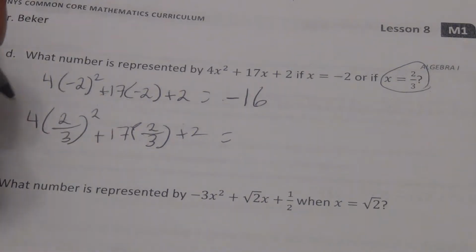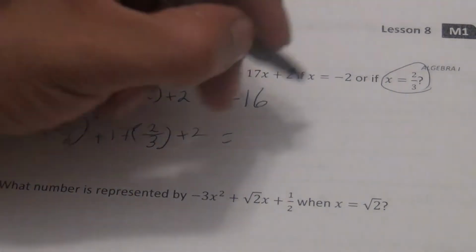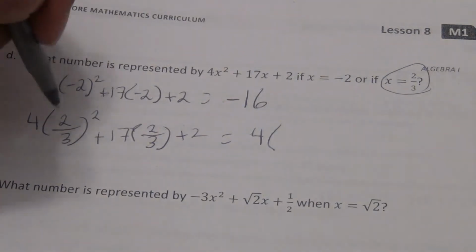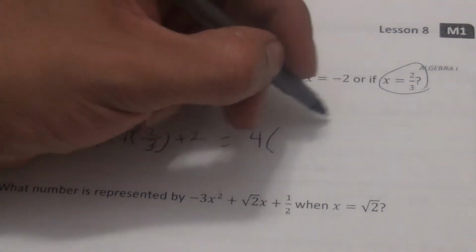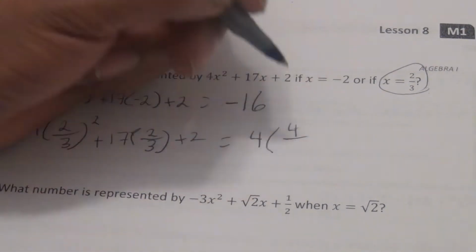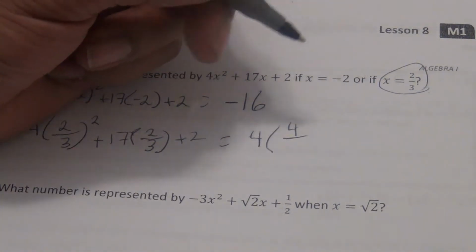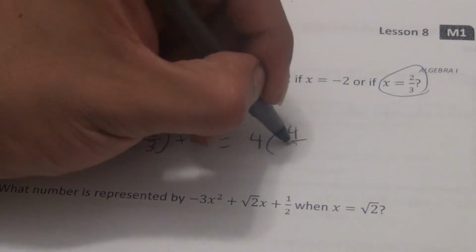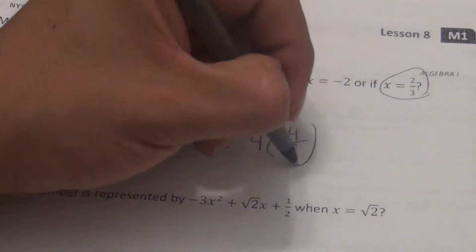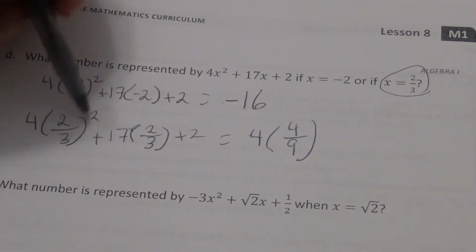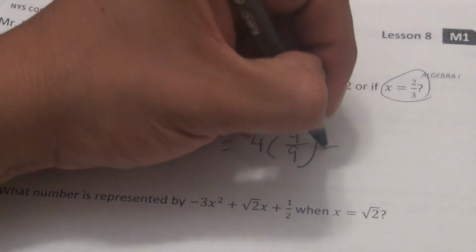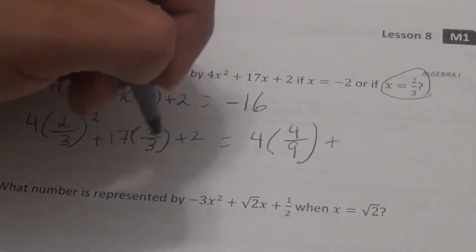What is 2/3 to the second power? When you raise a fraction to an exponent, you're raising the whole thing. So that's 4 over 9, because 2 squared is 4 and 3 squared is 9, plus 17 times 2/3.